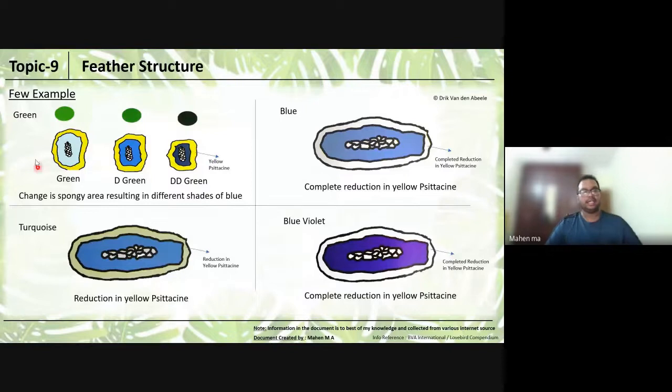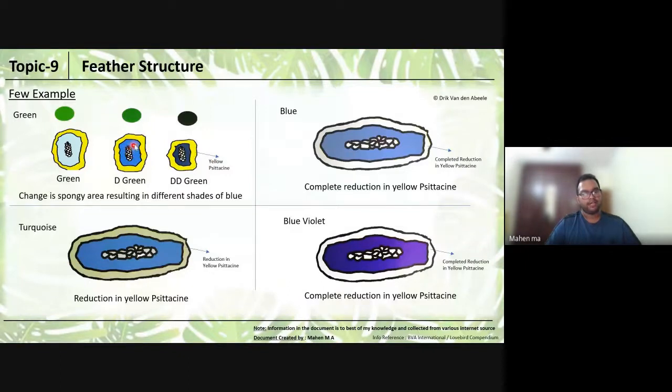I'll give some examples where we can understand how green, blue, violet, and turquoise feathers arise. In the green feather, as I told you previously, we have yellow psittacin and blue light. The combination of these two gives you a green feather. In dark green, the structure inside changes, so the blue light becomes darker.